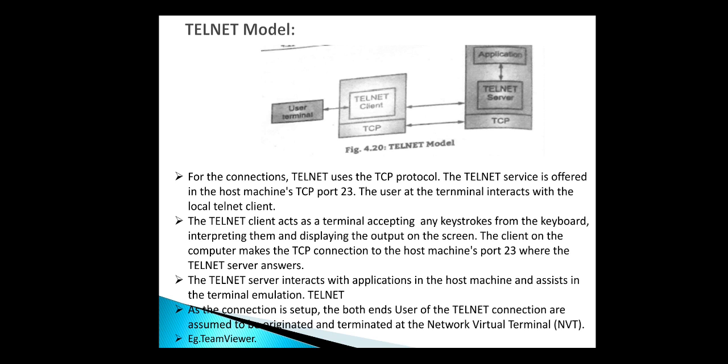The Telnet server interacts with the application in the host machine and assists in terminal emulation. As the connection is set up, both end users of the Telnet connection are assumed to be originated and terminated at the network virtual terminal. An example is TeamViewer.